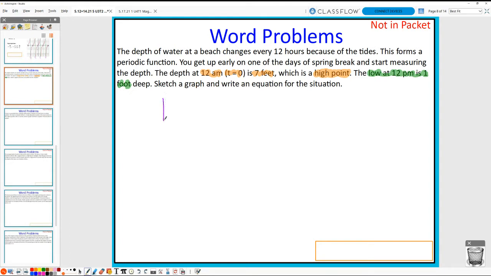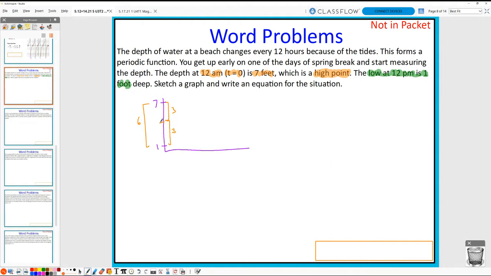So what I want now, I generally draw very rough sketches. I just say, okay, well, I need a max, I need a min. My max is 7, my minimum is 1. And from there, I can start figuring out my midline and my amplitude and such, because I know this is my max, this is my min, and I know that this is 6, right? 1 to 7 is a distance of 6, meaning that in between here, whatever the midline is, must be 3 and 3 away.